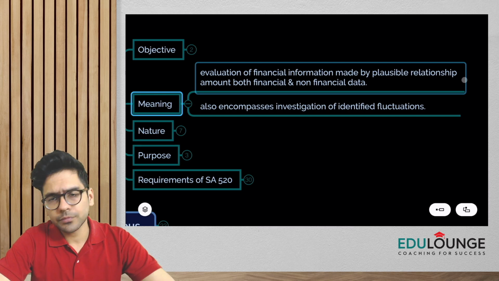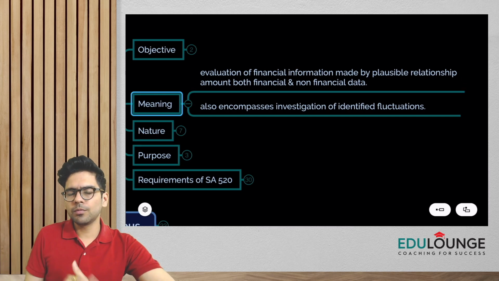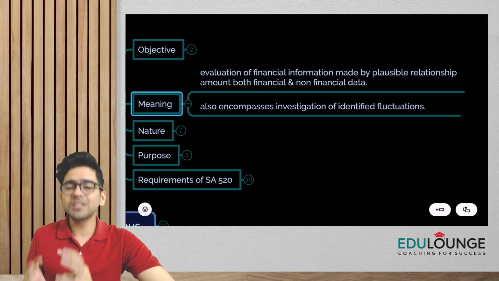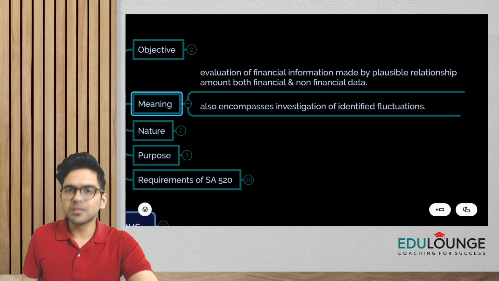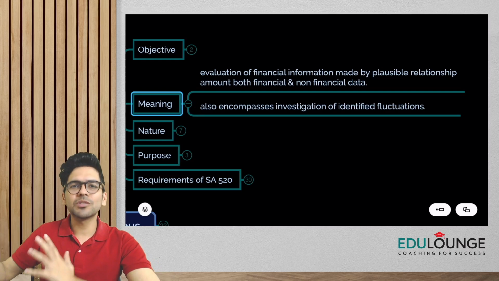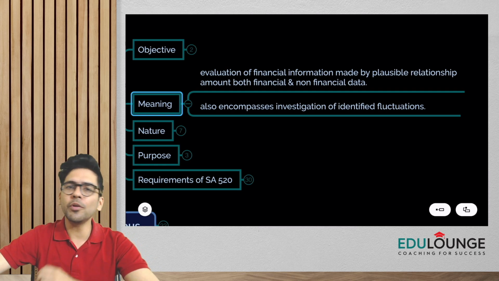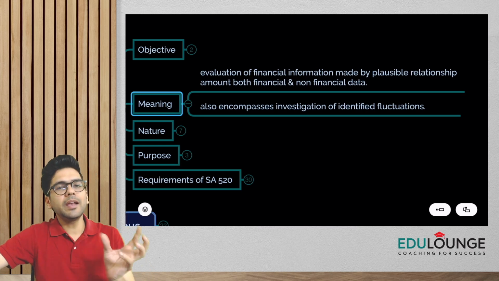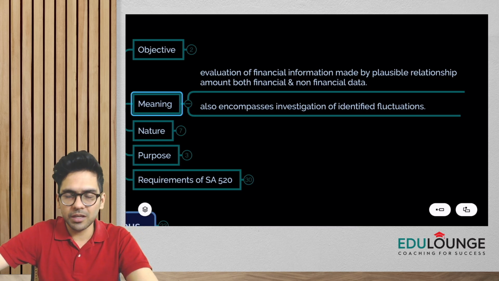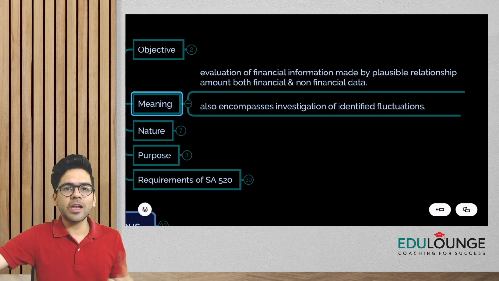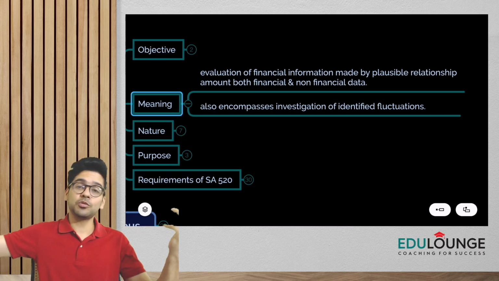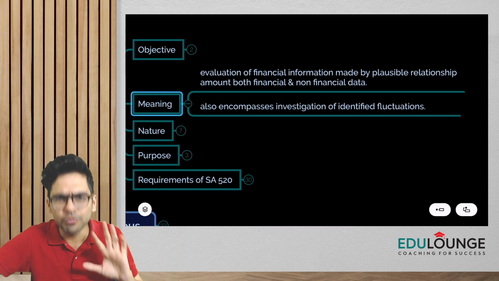Now again, let me try and make you understand the meaning of the word plausible relation. Sir, analytical procedure means ratios, comparisons, etc., but it doesn't mean that you're going to calculate any random ratio. Maybe, let's say, legal expenses to sales, they have got no connection. So if you unnecessarily calculate legal expenses upon sales and then say I've done a ratio analysis, it is going to be of no use, guys.